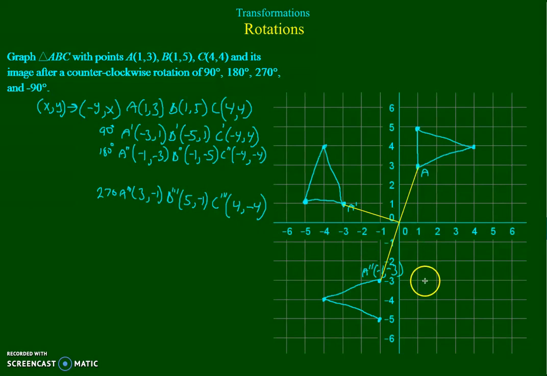And let's plot those points. We have 3, negative 1, 5, negative 1, and 4, negative 4.